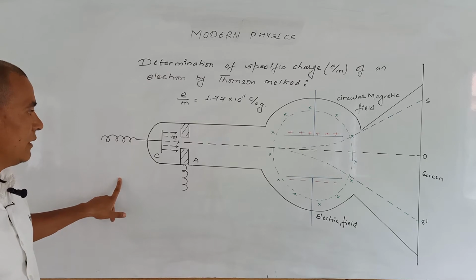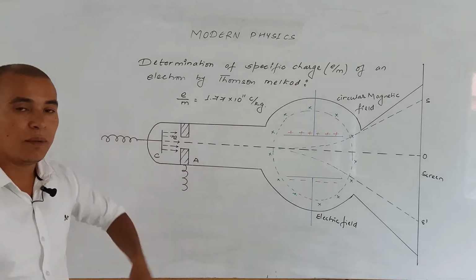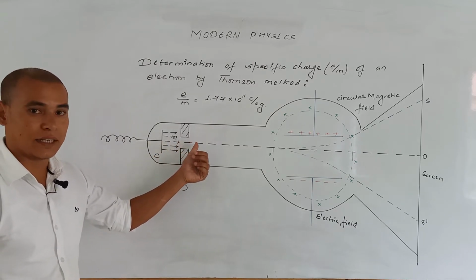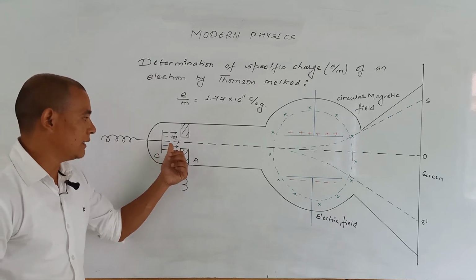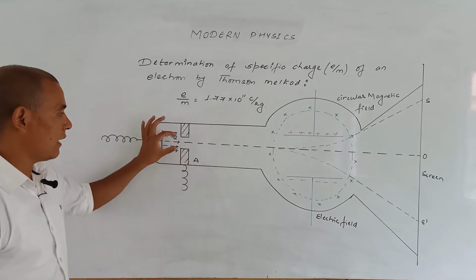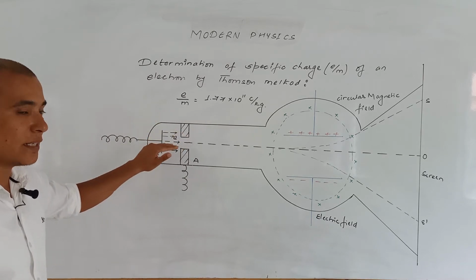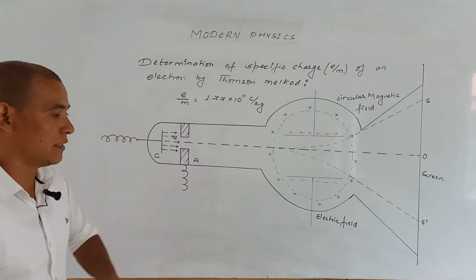When the cathode plate is heated, by the process of thermionic emission, electrons are emitted from the cathode plate and accelerate towards the anode, and a small gap or a hole is placed at the anode so that the electron beam can pass without getting disturbed.